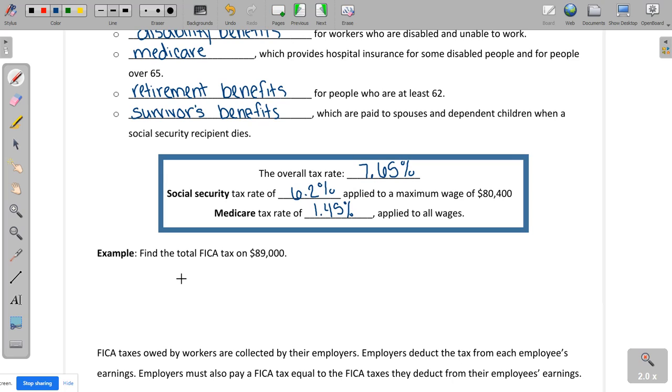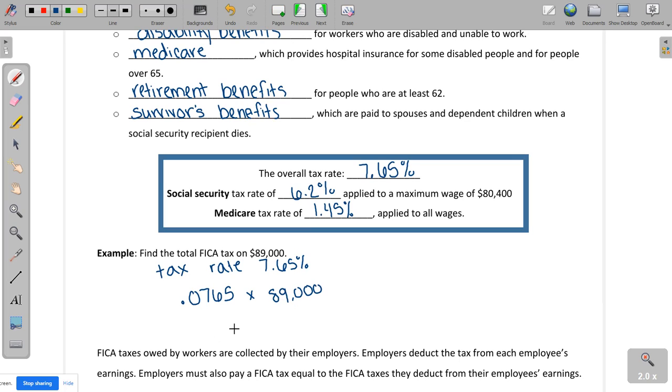So we need to find the total FICA tax on $89,000. The overall tax rate is 7.65%. When we are dealing with percents, we have to change it over to a decimal, so we move the decimal 2 places to the left and get 0.0765. Then we multiply it by the amount, $89,000.